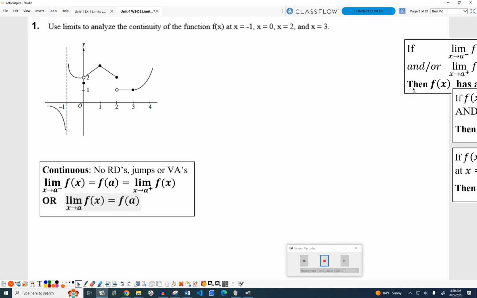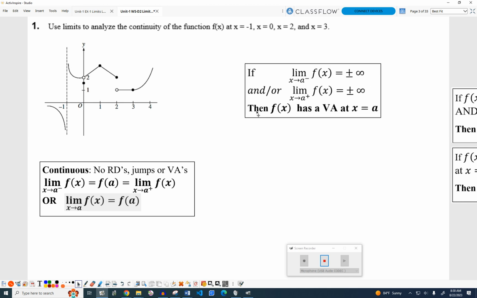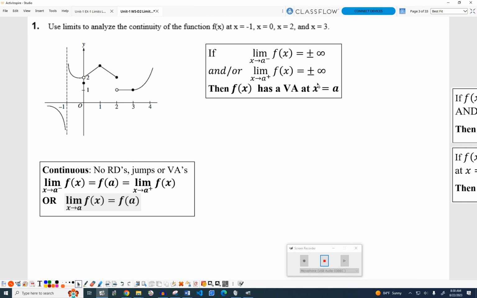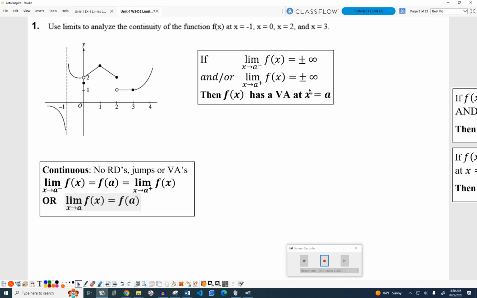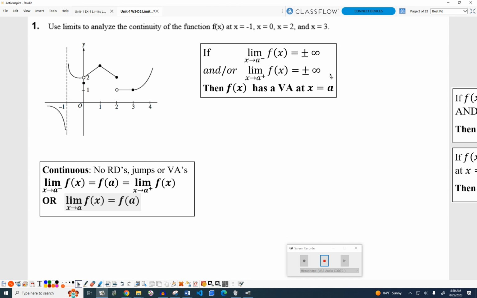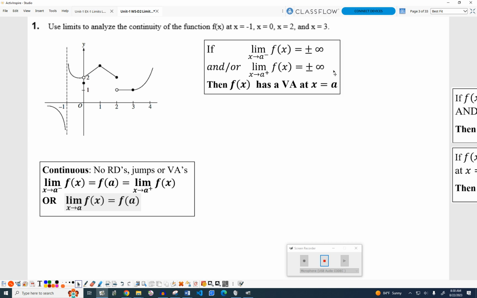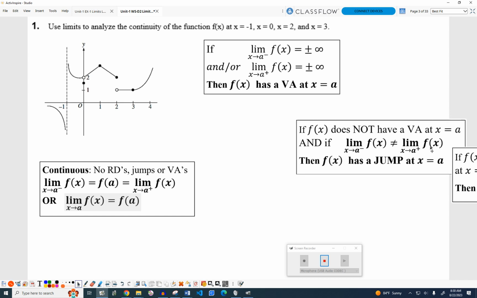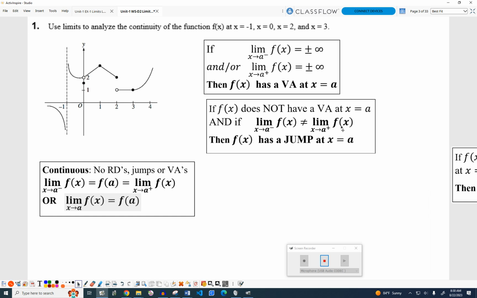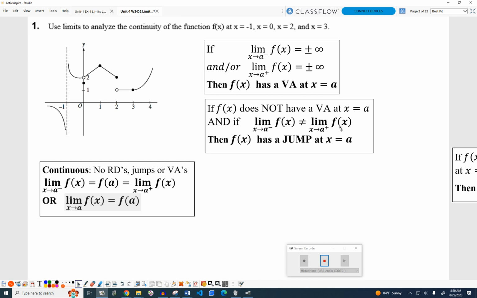So as I was saying, in my brain, I'm thinking of this one first. It really does help to go in sequence. You have to find the left and right limit on every problem. If I see that they are infinite, I know I'm done. I'm looking at a vertical asymptote. If my left-right limits are not infinite, but they're also not equal, now I know I have a jump.